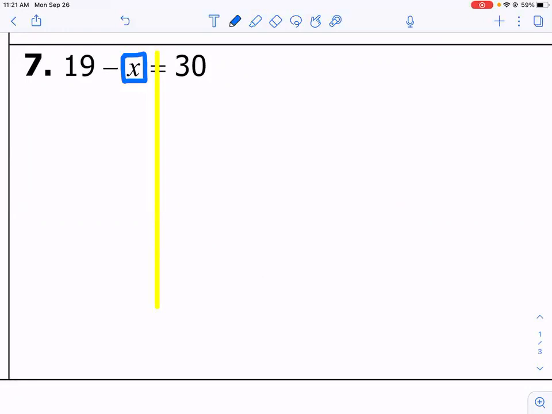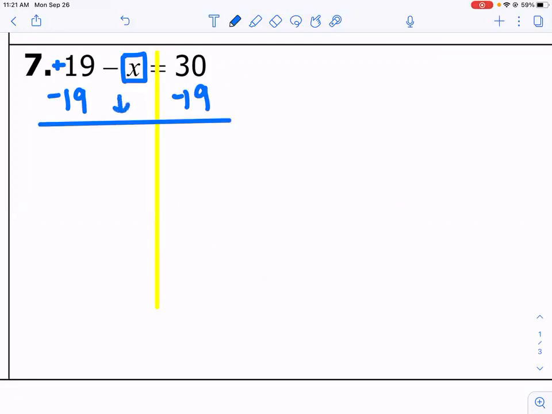We have 19 minus 1X. What number do we need to get over first? The 19 is the furthest away, but Bennett, how are we going to do that? Okay, this is a positive 19. So we need to subtract 19 from both sides.